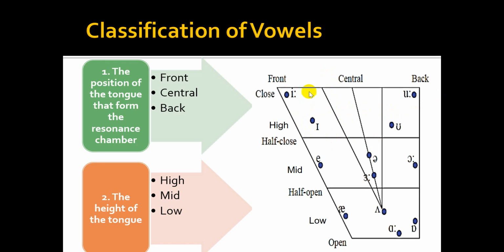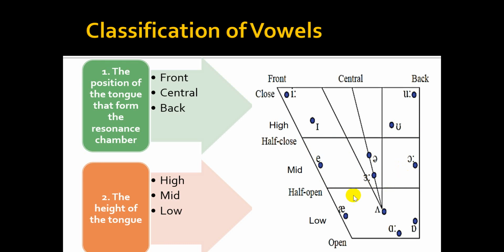High vowels consist of E, I, U, or U. The second one is the mid area. The mid area is between half closed and half open. The sounds are E, and O.